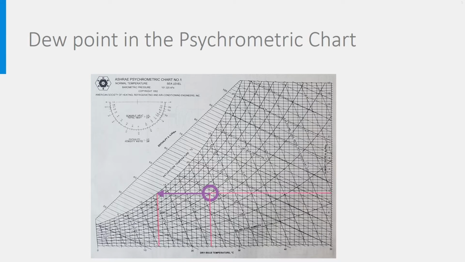As you see, the corresponding dew point temperature Td is 13 degrees Celsius. If we continue to cool the humid air, water vapor will condensate along the saturation line, leading to drier air. If the air is cooled until 3 degrees, the corresponding absolute humidity is 5 gram per kilogram dry air.